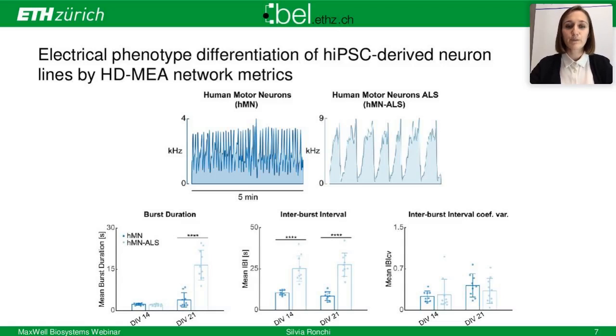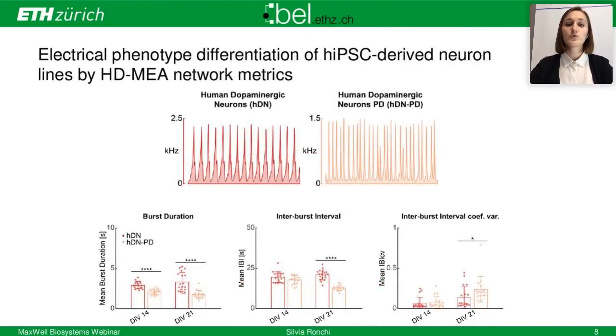You can already see from these plots that the bursting activity was very different. Comparing the two lines, the disease line was characterized by a longer burst duration, as is evident also from above, and a longer interburst interval. Instead, the two lines were very similar in the interburst interval coefficient of variation, so very similar bursting regularity.